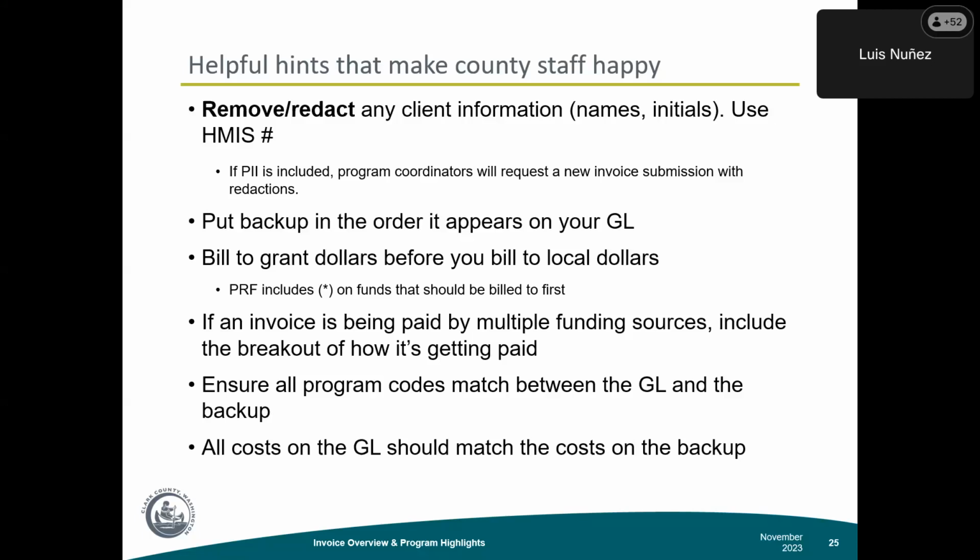And then also making sure that all the codes are matching from the backup to the GL. The program codes could be a numbering system for your accounting software or a program name. All the costs on the GL should match the costs on the backup, just so we're all on the same page.